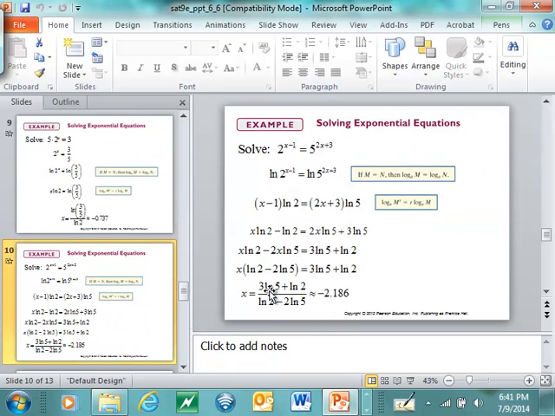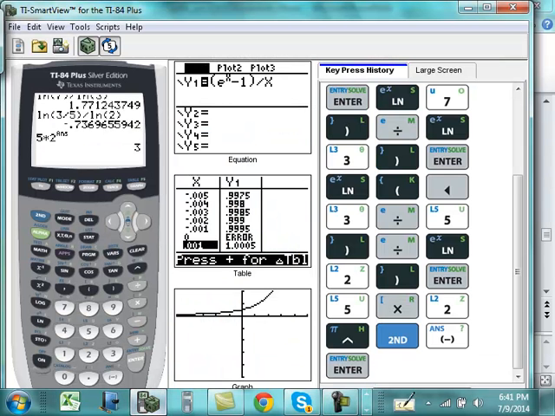So anyway, this is what you should have for your answer. But you got to put this whole thing in your graphing calculator. This whole thing right here. So 3 natural log of 5 plus natural log of 2 in the numerator.